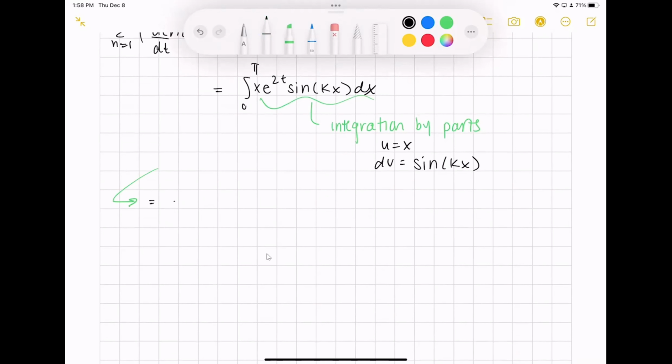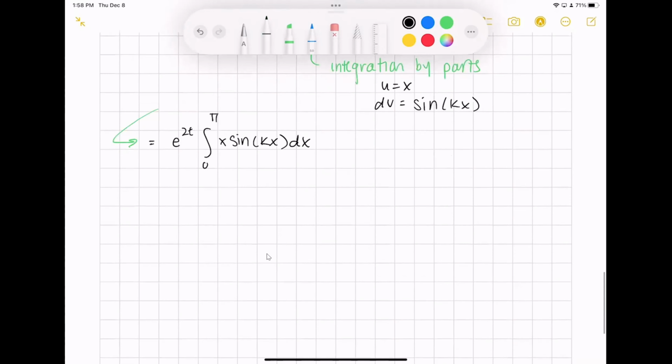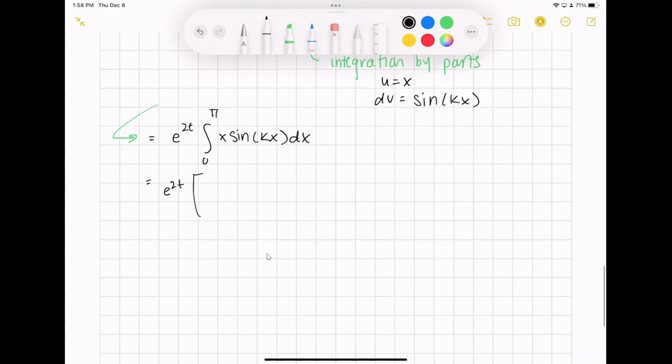So this e to the 2t, we can bring that on the outside, integral from 0 to pi, x sine kx dx. And integrating by parts, we'll have e to the 2t, all in brackets, 1 over k, negative x cos of kx minus k times the integral negative over k cos kx dx.